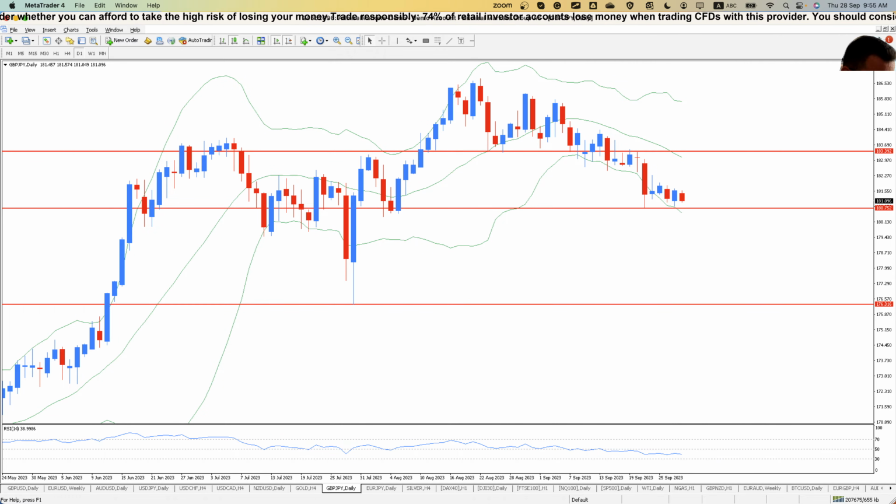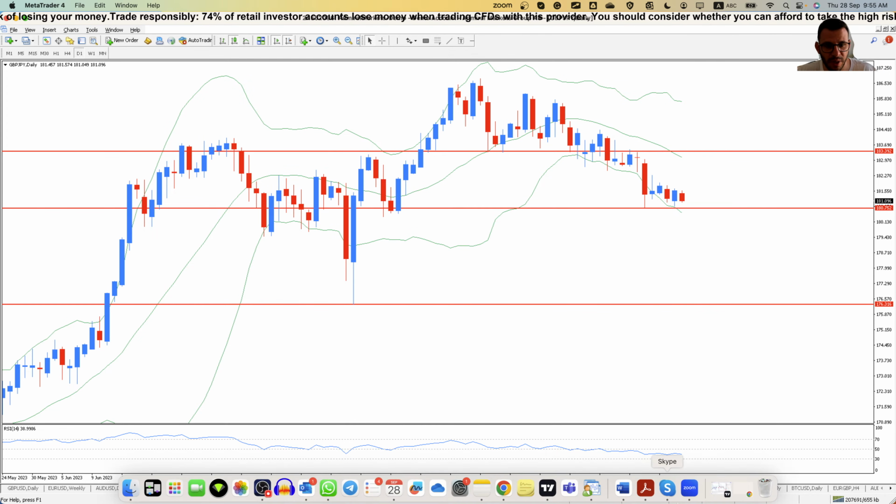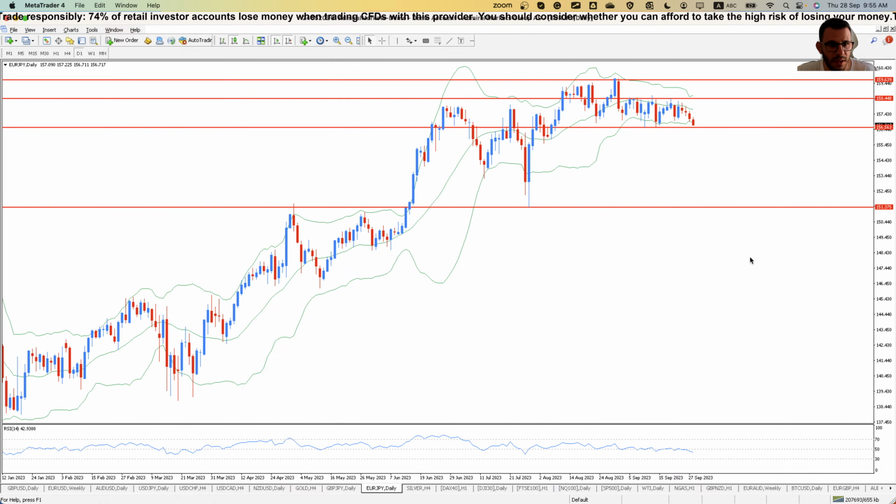Question from Sigurd: Hello Theo, can you take a look at FTSE please? Definitely. Euro, again, expected to break below this area and then a nice solid move to the downside.